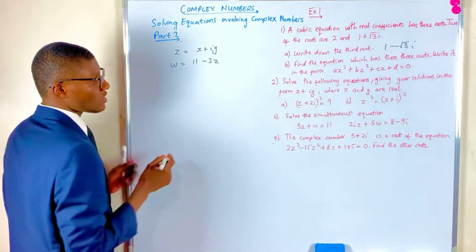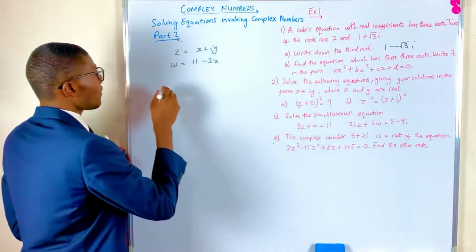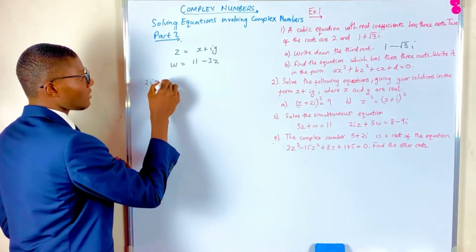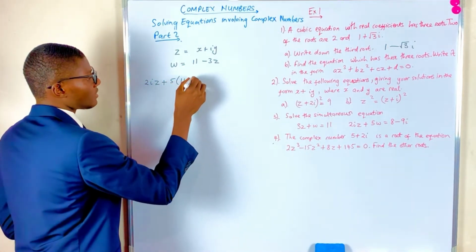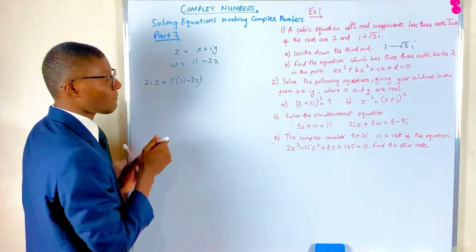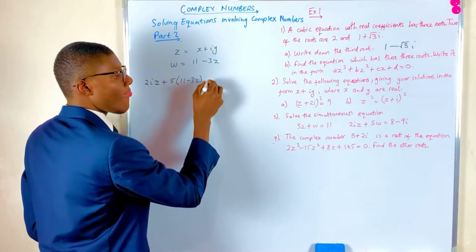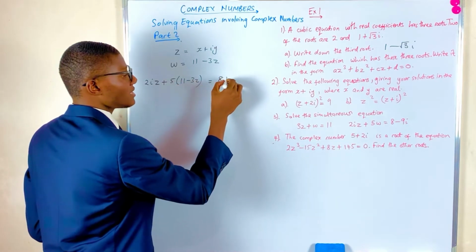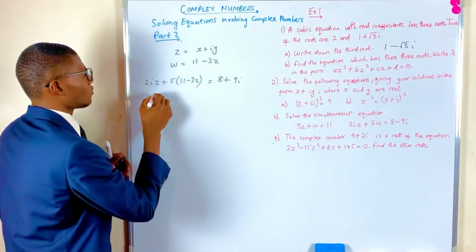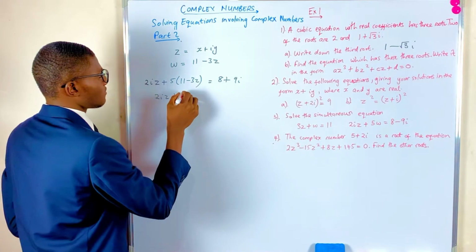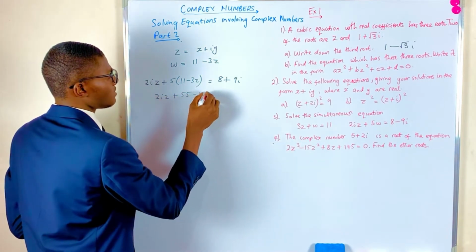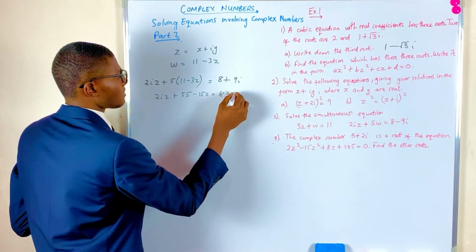Such that if we were to substitute it in the second equation, we're saying 2iz plus 5 times 11 minus 3z, like that, should give us 8 plus 9i. So 2iz plus 55 minus 15z is equal to 8 plus 9i.